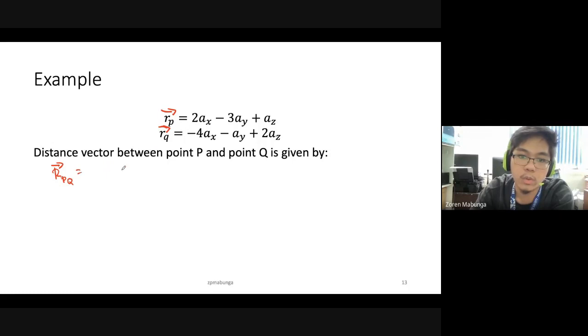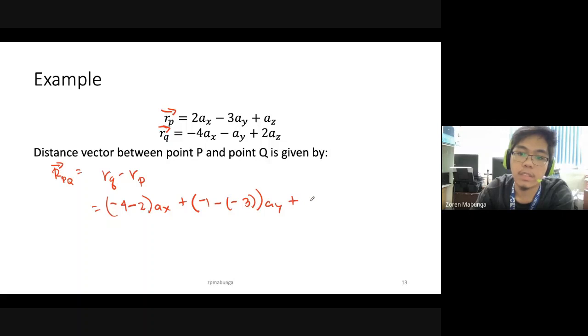So, RQ minus RP. So, RQ is negative 4ax, negative 4 minus 2 ax plus negative 1 minus negative 3 ay plus 2 minus 1 az. So, ano magiging final answer? So, negative 4 minus 2, negative 6 ax.